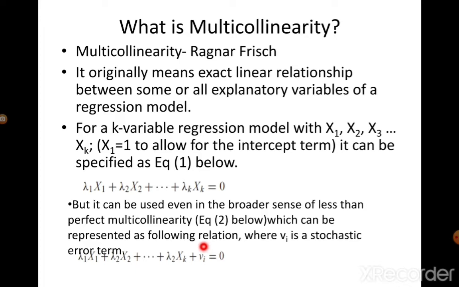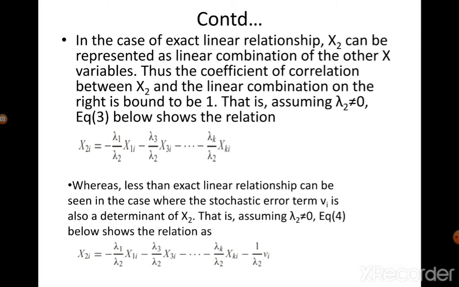So this would mean that the relationship between x2 and the combination of the remaining variables is not exact. It will vary slightly according to the variations in the error term. Here, the last line shows us how the variable x2 can be expressed as a combination of the other explanatory variables. And if you observe here, this last term is 1 by lambda 2 times vi. So there is an error term involved in this linear relationship, right?